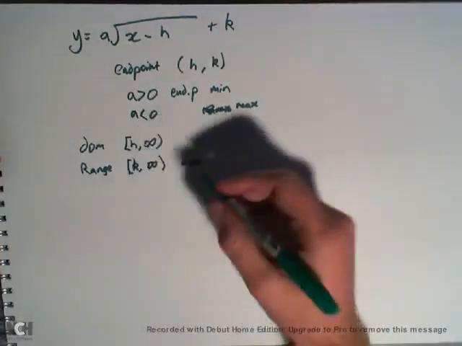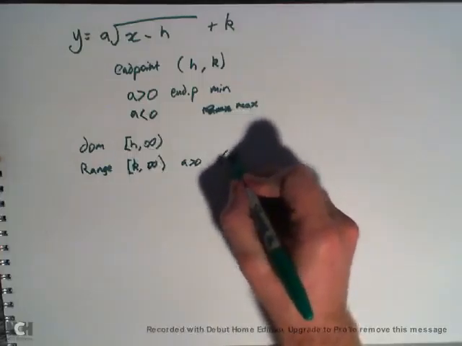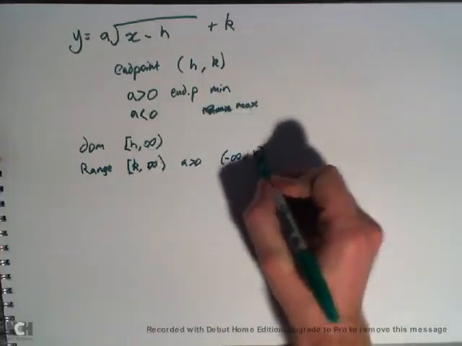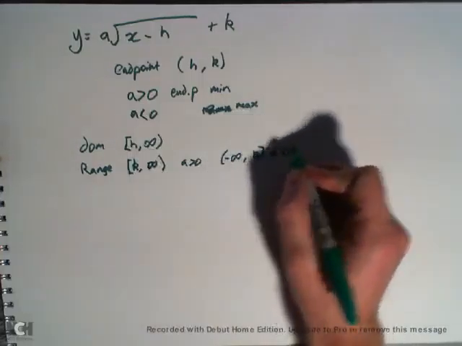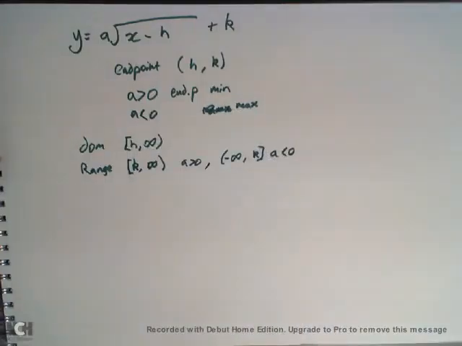If it's less than 0, it's going to be the opposite, so negative infinity to k. Okay, two options there, just depending on what value a has.